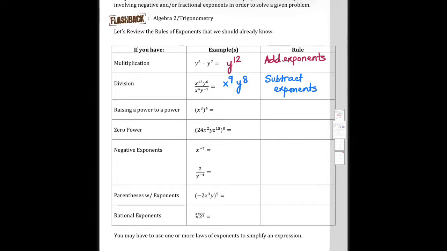right? Power rule, power raised to a power, you multiply them. So this would be, I'm just going to change the color, x to the 12th. So my rule is multiply exponents, right? So the next one is what?